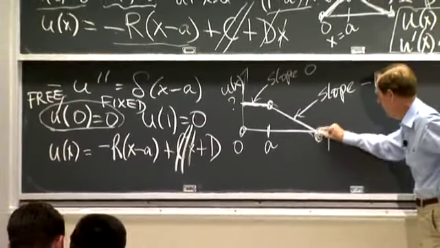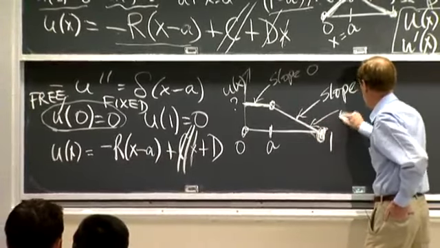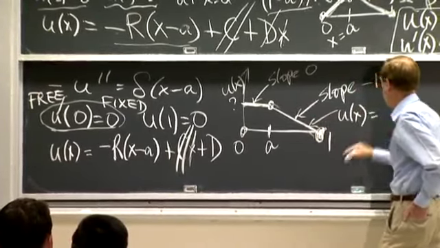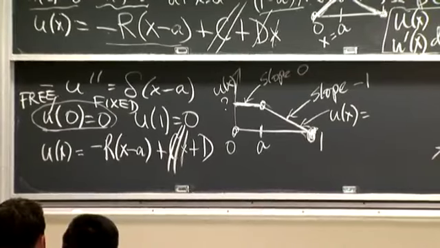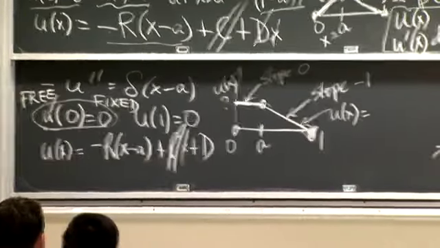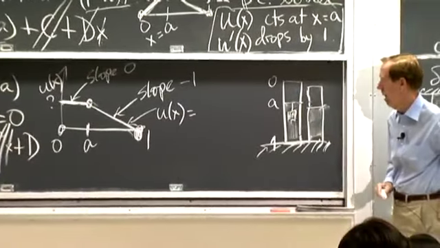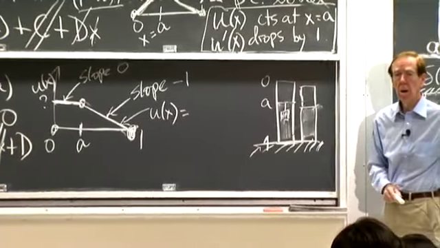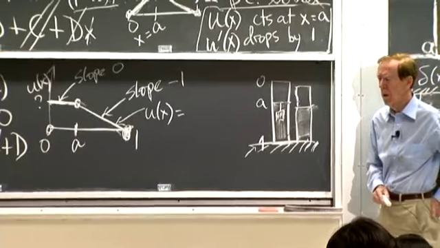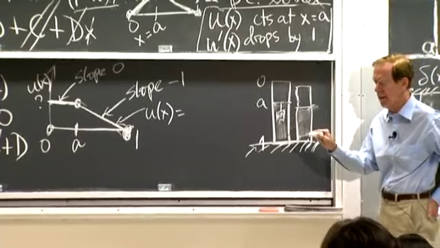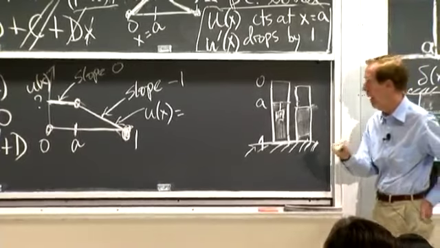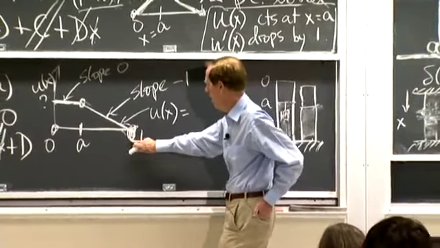And it has to get through there, so what is the function? What's the function that has a slope of minus 1 and comes down to 0? It's got to have a minus x in it, and what's the constant to make it come out right?